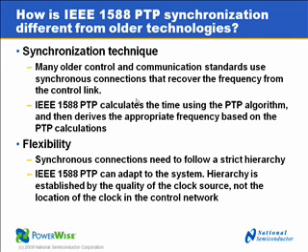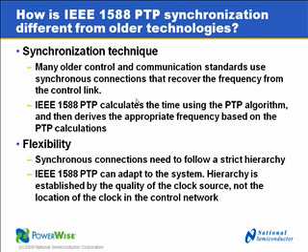Also, the IEEE 1588 PTP algorithm calculates the time by using that algorithm and then derives the appropriate frequency. So although you end up with the same eventual result, the approach to it is very different. And that will be something to consider when you're developing systems that used to use the older control synchronization technique and are now using IEEE 1588 PTP.